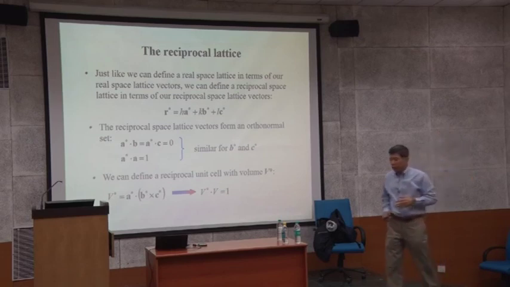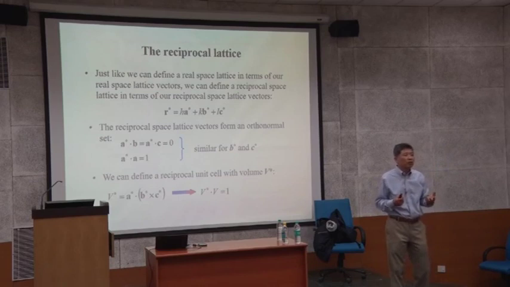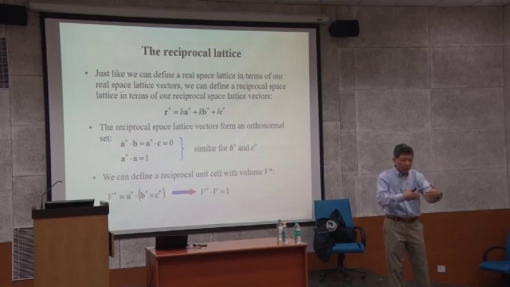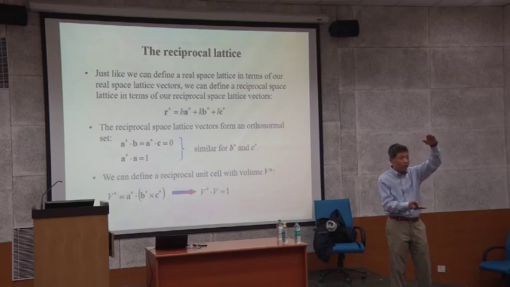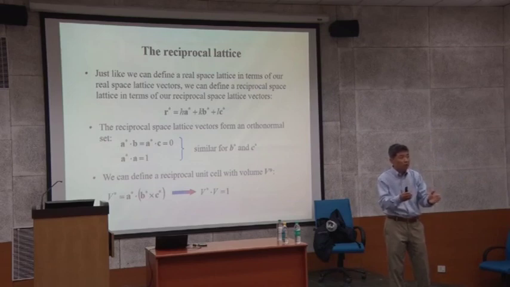So say you have a tetragonal unit cell of 4 angstrom, 4 angstrom, and in that direction 8 angstrom. Then in your reciprocal space lattice, in that direction, 1/4 angstrom is the 100, which means a quarter angstrom inverse.